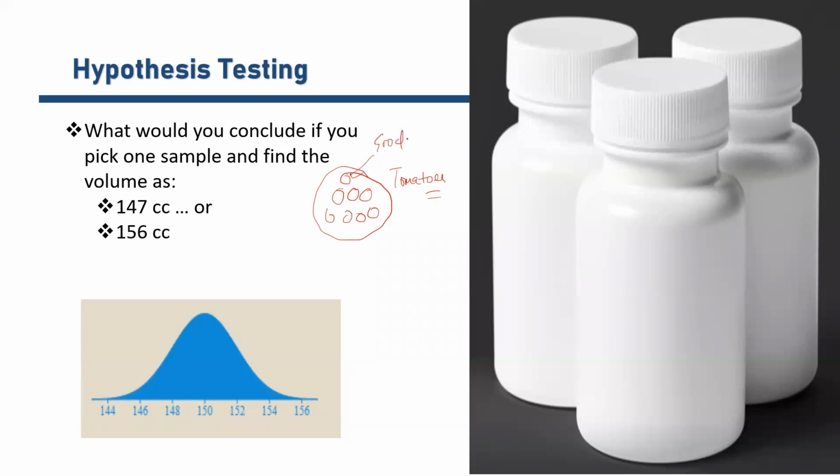You make a judgment that yes, all these tomatoes are good. Please give me 1 kg of tomatoes. But if you randomly checked one sample and it was not good, you would say, okay, I don't want this tomato, and you pass a judgment that the tomatoes are not good, and you go to another shop. So this is what we are trying to do here. We took only one sample, and based on that one sample, we are passing a judgment.